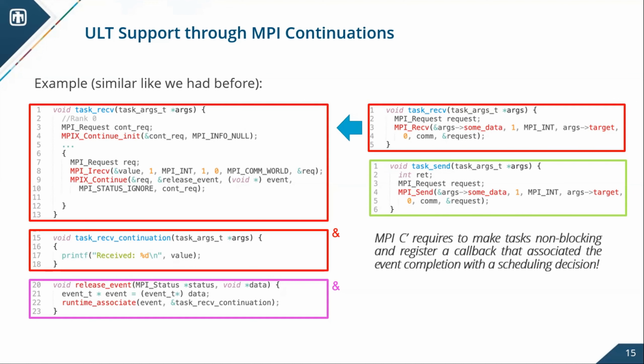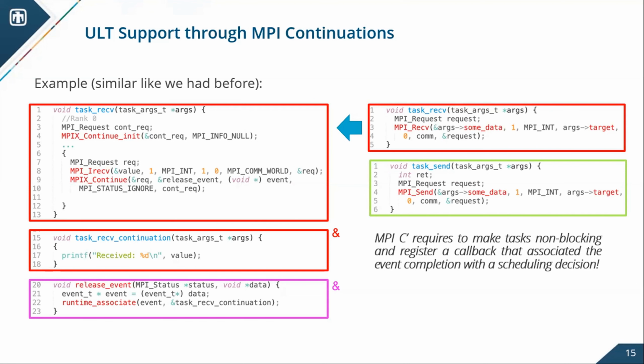One additional parameter that we have to give it is a callback function. And the callback function here is the release event. So now when task_receive runs, it runs to completion. So it's done. But then the registered callback is activated once MPI_Irecv has been completed, for example, through an MPI_Test. In my callback, I do something like runtime associate event and my task.